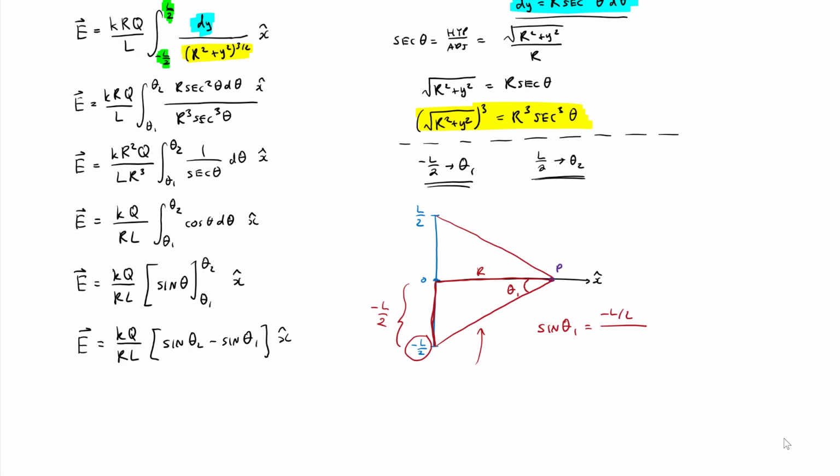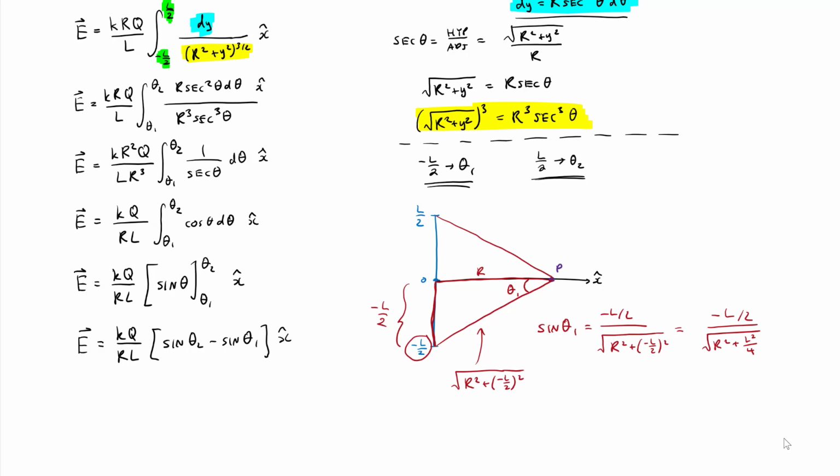This is going to be the square root of r squared plus negative L over 2 squared. And that gives us negative L over 2 divided by the square root of r squared plus L squared over 4. So that's our sine theta 1.